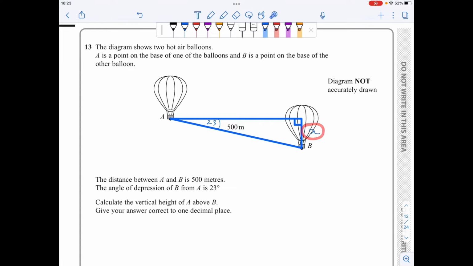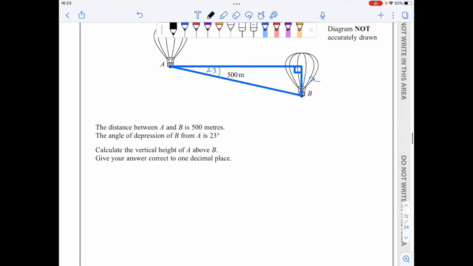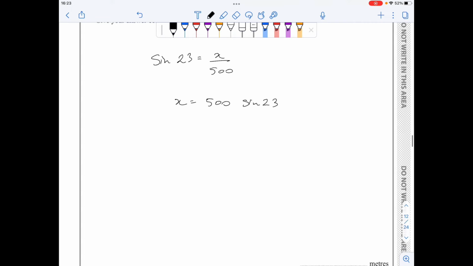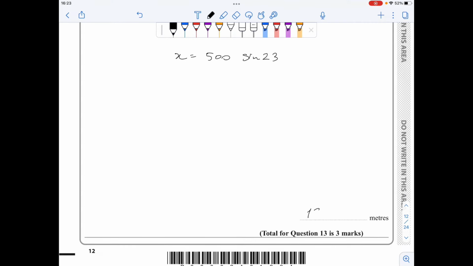I've labeled this as x, that's the opposite side to 23, hence sine of 23 is equal to x over 500. So x is 500 times sine of 23. This will give me 195.4 meters.